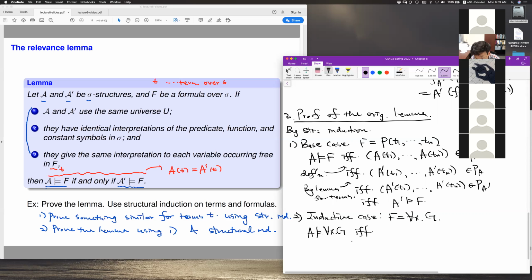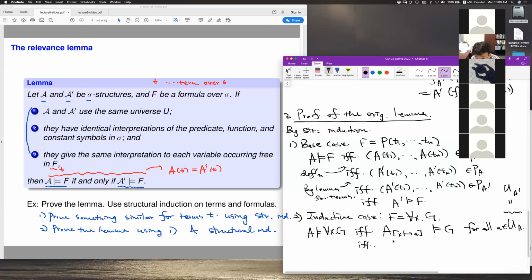Okay, so this is the definition. And according to the definition of the semantics of universal quantification, this means A, where X is replaced by a, satisfies G for all a in the underlying universe of A. But by the assumption, this U sub A is the same as U sub A prime.